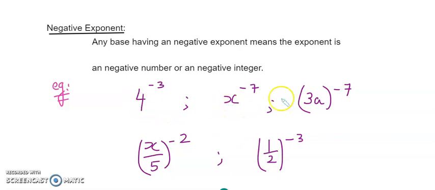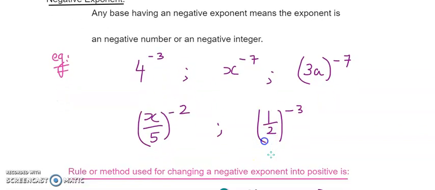This is a variable. This is a variable and a number multiplied together. This is more like a fraction, and this is also a fraction. But all of them have one common thing, which is a negative integer in the power. So any base having a negative integer as power is called a negative exponent. Okay, am I clear?